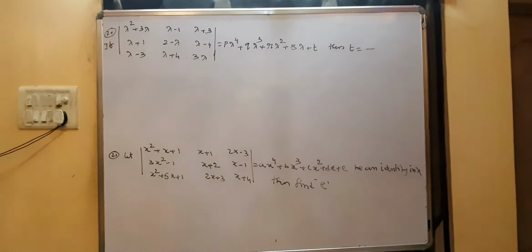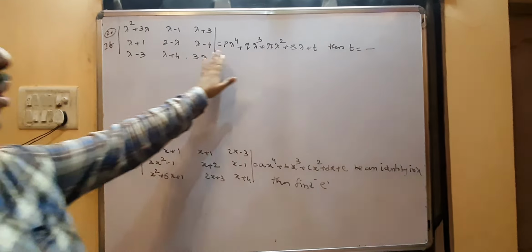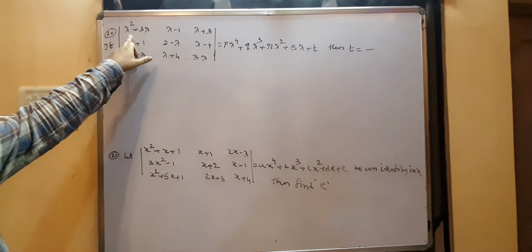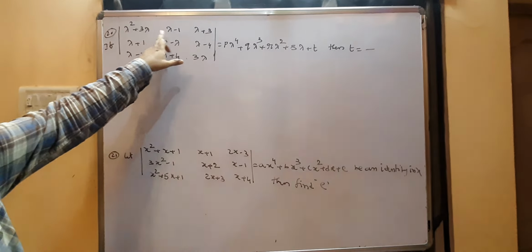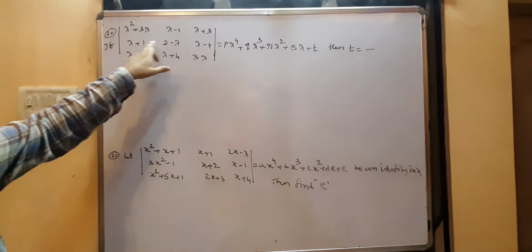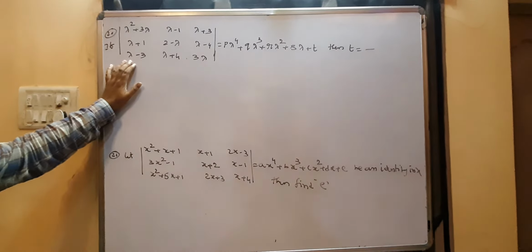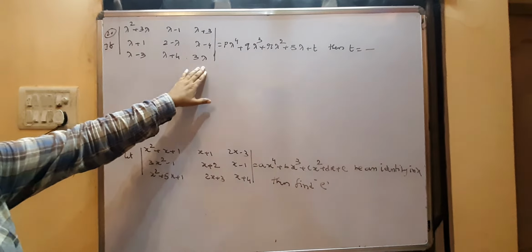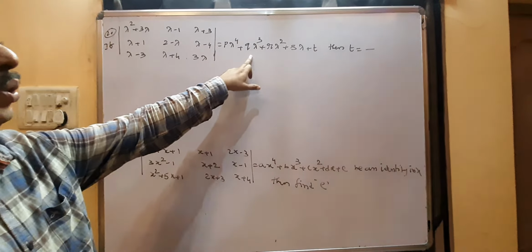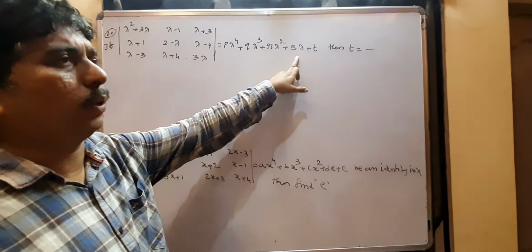Coming to the next question, two questions are the same model. This determinant equal to a fourth degree equation in terms of lambda is given: delta of lambda squared plus 3 lambda, lambda minus 1, lambda plus 3, lambda plus 1, 2 minus lambda, 4 minus lambda minus 4, lambda minus 3, lambda plus 4, 3 lambda, equal to p lambda power 4 plus q lambda cubed plus r lambda squared plus s lambda plus t.